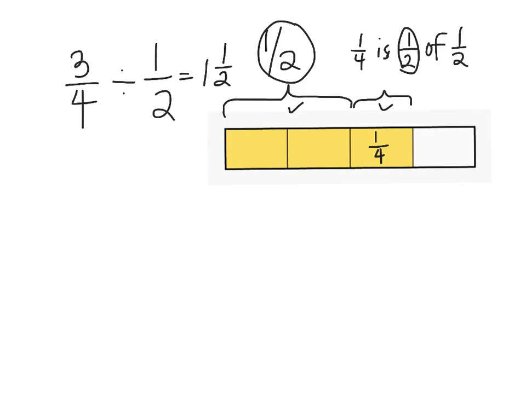Now, how do we check? Remember, we learned how to use the reciprocal. So 3/4 divided by 1/2, the reciprocal of 1/2 is actually 2 or 2/1. And we can use multiplication. And if you do that, you're going to get 6/4.